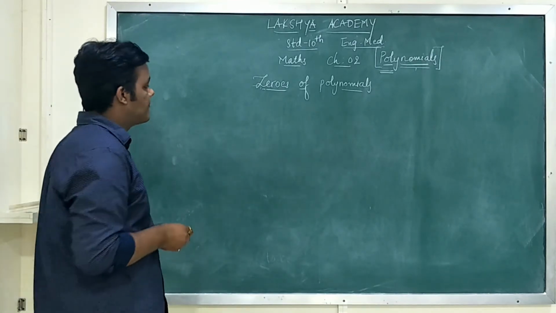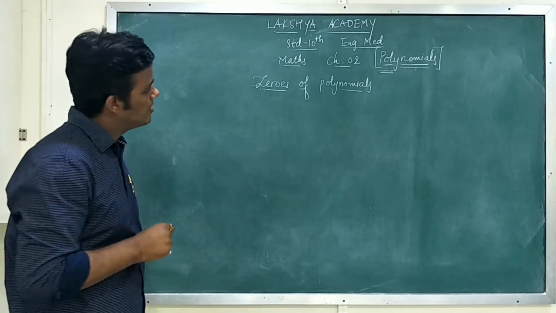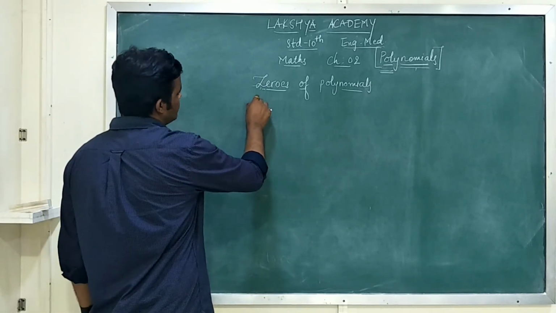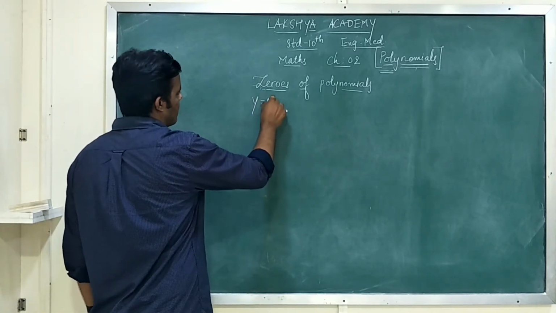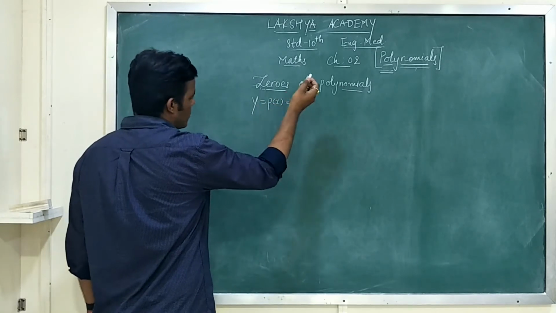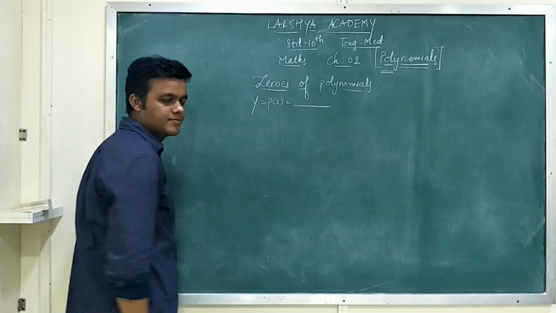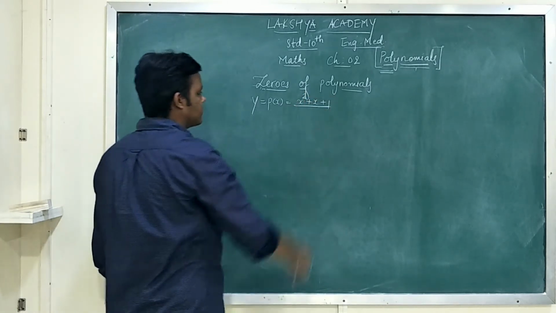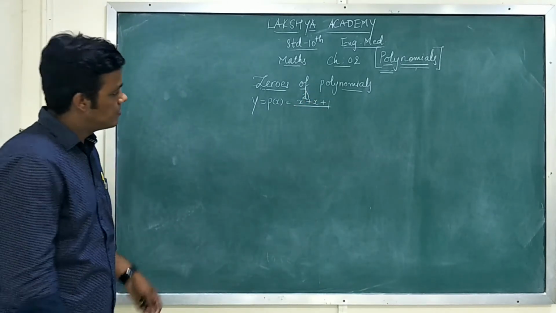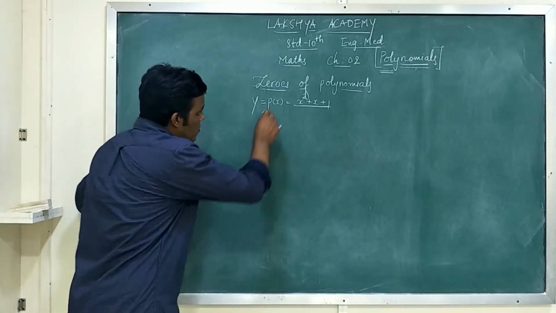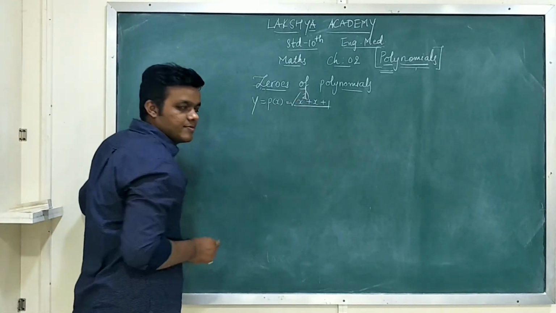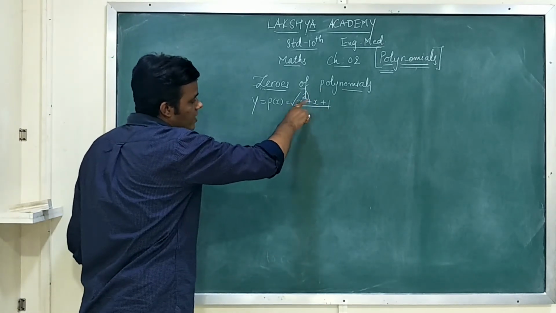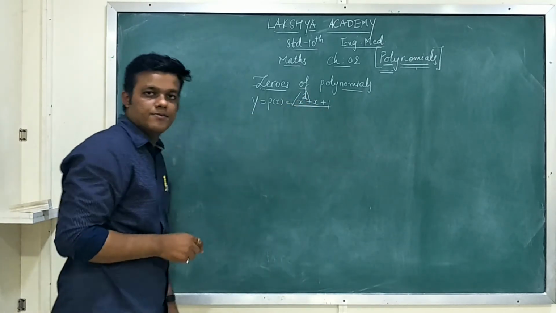So if we talk about the geometrical interpretation, we will denote p of x as y equals to any polynomial here. Suppose let me write x square plus x plus 1. And you know that zeros of this polynomial means this whole polynomial will become 0 for that value.